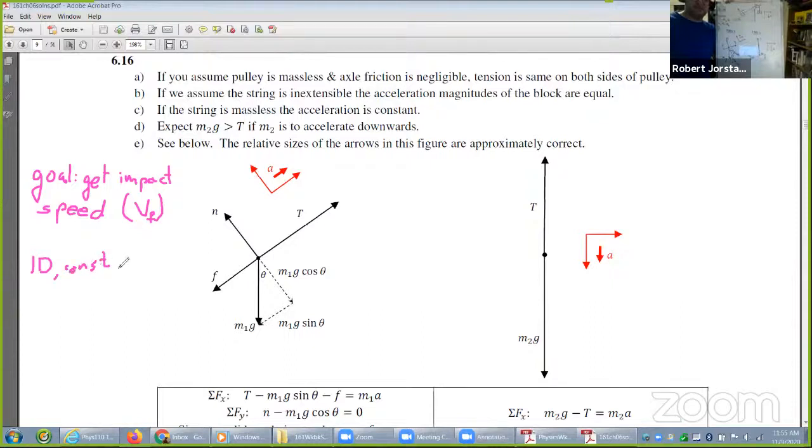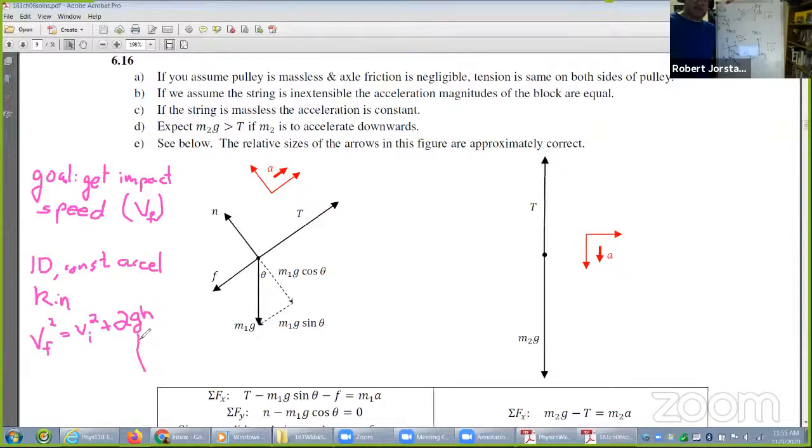Because the string is massless. 1D constant acceleration kinematics. And so we know that V final squared equals V initial squared plus 2 times, I'm going to make a mistake here, GH.